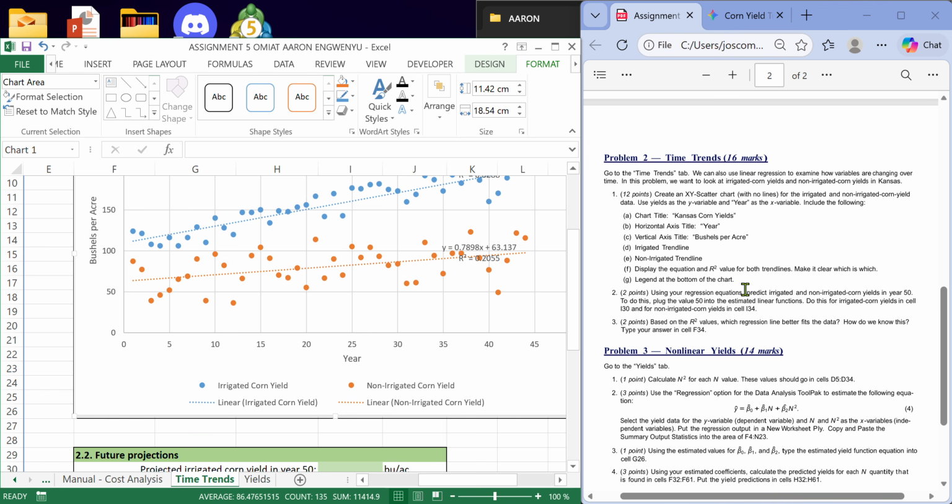Using your regression equation, predict the irrigated and non-irrigated yields in year 15. To do this, plug the value 15 into the estimated linear function. Do this for irrigated cornfields in cell I30.